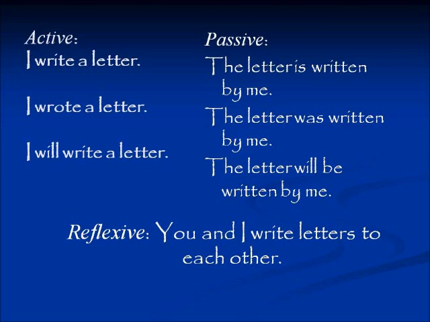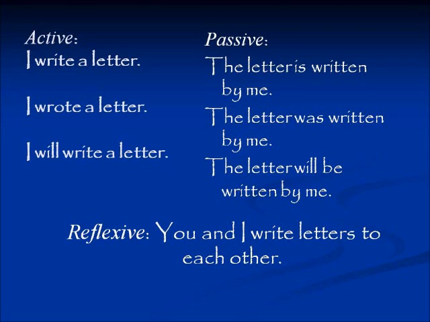Okay, so here is active, passive, and reflexive. In the active form, in the present tense, I write a letter. In the passive voice, I say the letter is written by me.